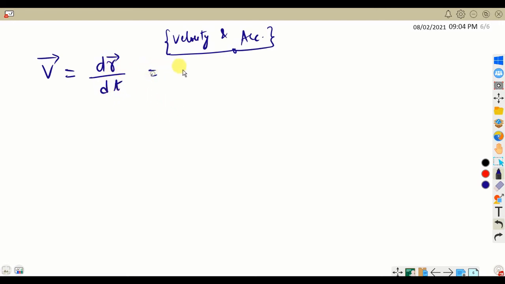I know your r vector: r vector is nothing but r cos theta x hat plus r sin theta y hat. So what is the definition of velocity in a polar coordinate system? Let us just use that.